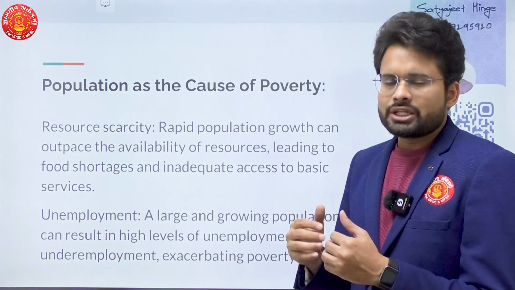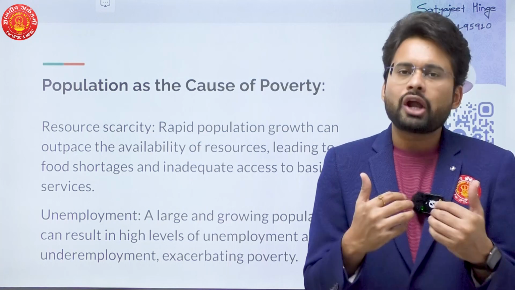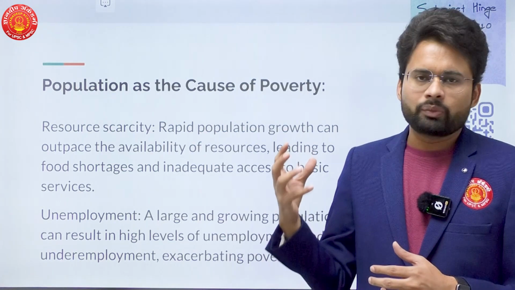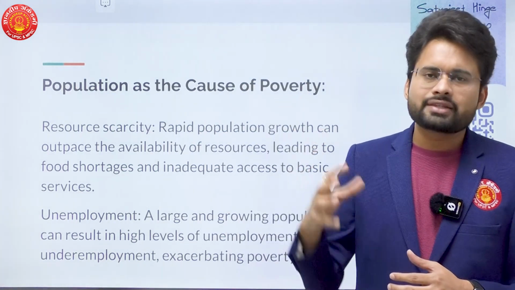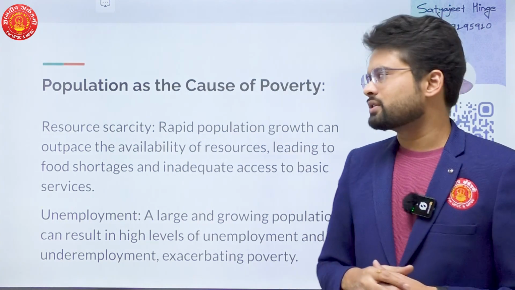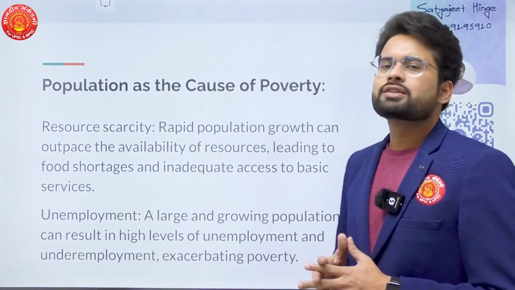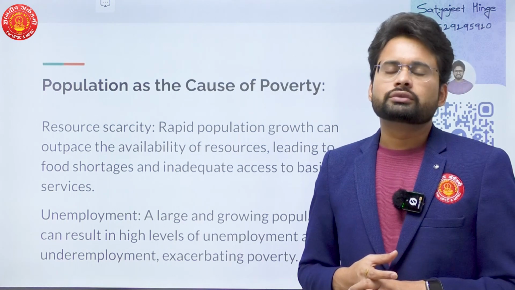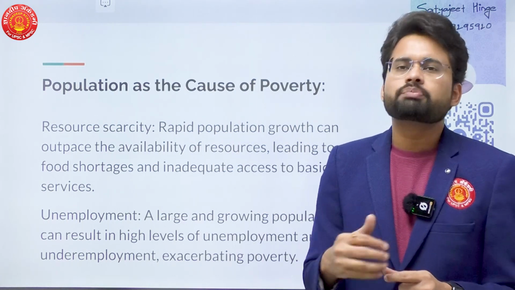That's how, as the population rate is more than the employment rate, the population can become a stress or drain on the existing resources, and that's how resource scarcity is a very important cause because of which poverty increases.